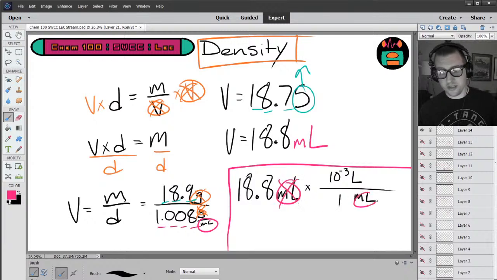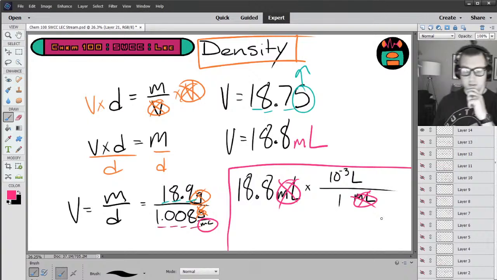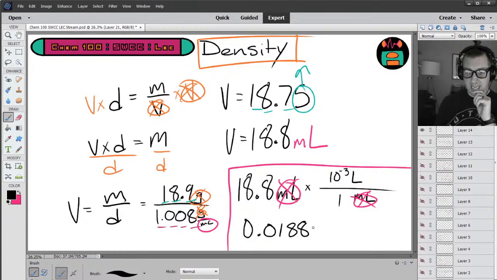What is important is that milliliters cancel. They do. And when you multiply 18.8 times 10 to the negative third, the value that my calculator is giving me is 0.0188. Correct units are liters.